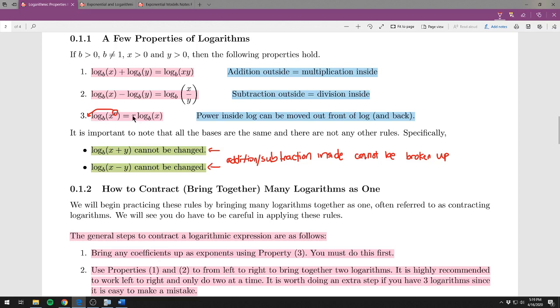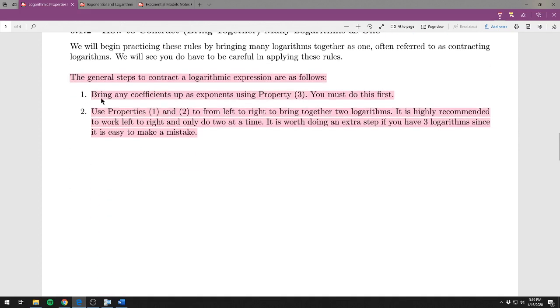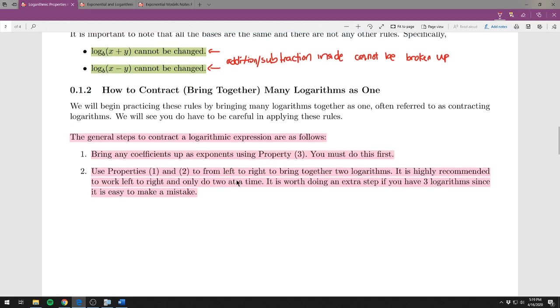We take the coefficient, which is represented by r here, the number in front, and that'll become our exponent. So you'll see that in my rules outlined here. Bring any coefficients up as the exponents using property 3. And then once you move all those, you can bring all the logarithms together as 1 using rules 1 and 2.